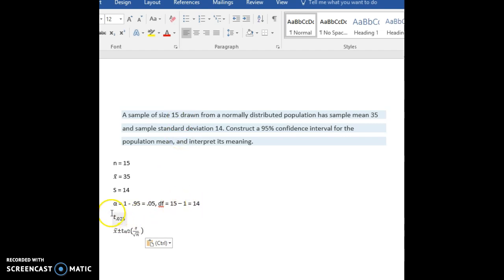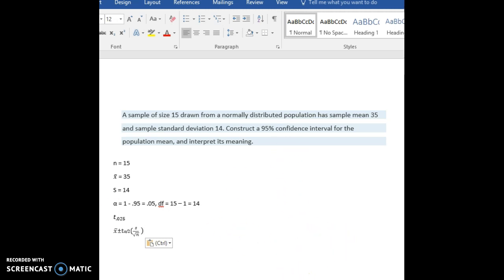Just as we did with our z values before, we take alpha and divide it by 2. So if we divide 0.05 by 2, we get 0.025. So we need to find in our chart the t value for 0.025.